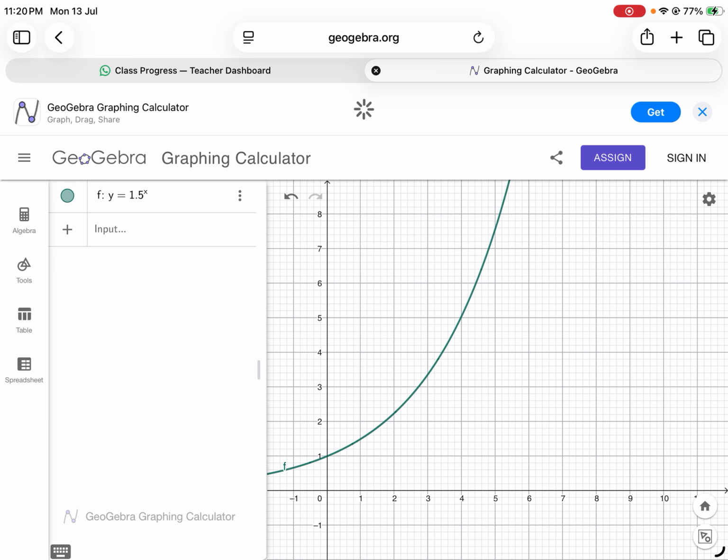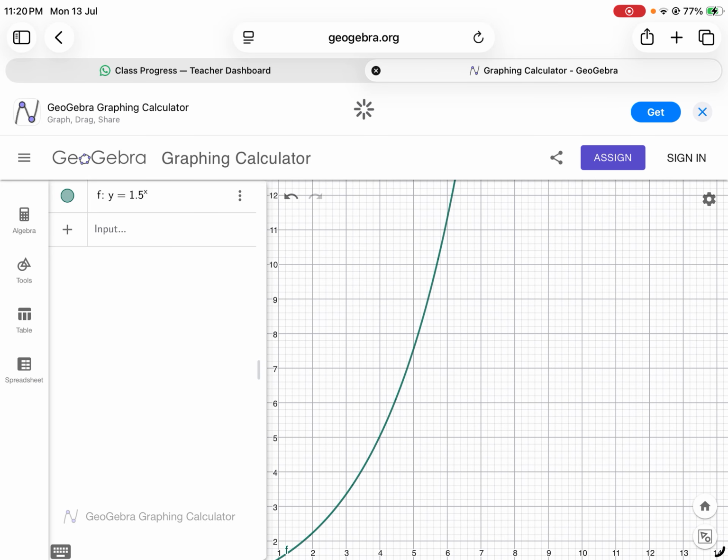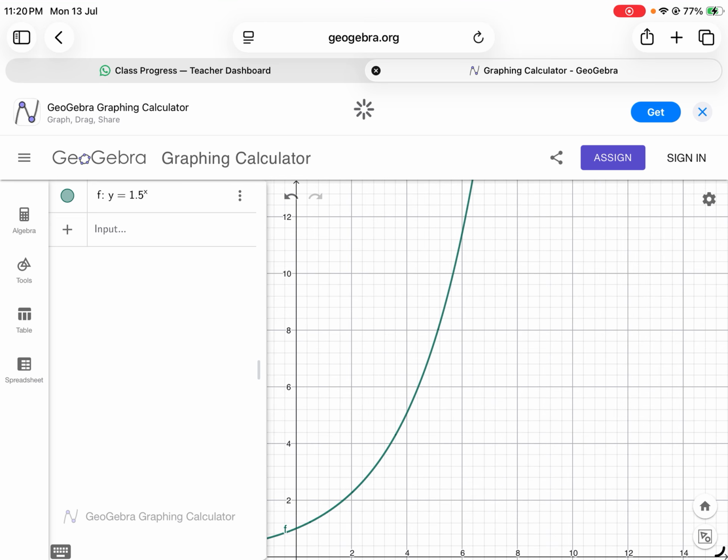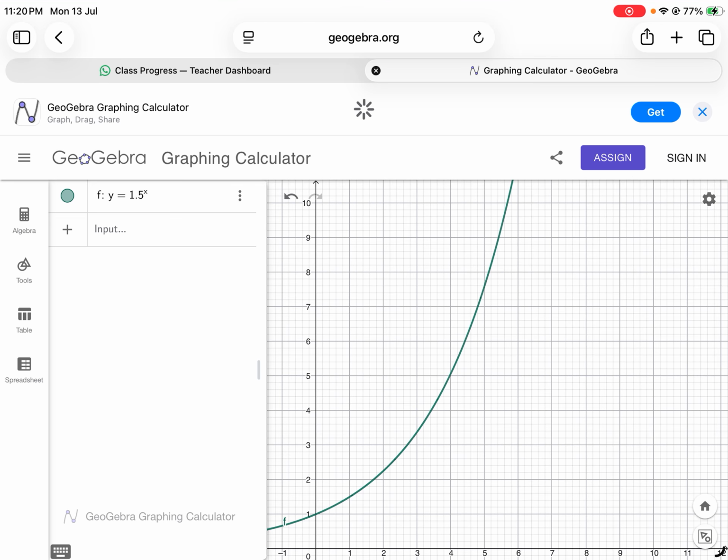Okay, so from here, if we look at it, 6.2 goes up here.